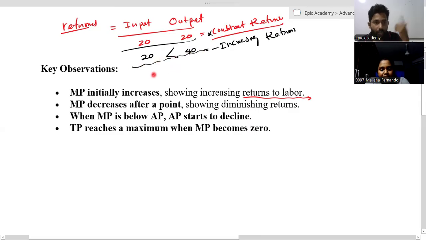Yes. And again, just consider you increase input by 20 and your returns become 10. Here you get something, but it's not reasonable. We call it decreasing returns.